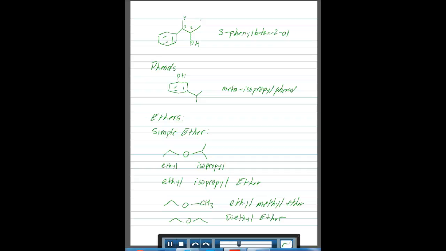Let's say, however, you have a group, and it's not easy to name. Let's put chlorine here, and let's put this group hanging off of it. Notice in this ether, you have a methyl group on one side, and then something much more complicated on the other. If one of your groups is complicated, your ether is no longer the parent.